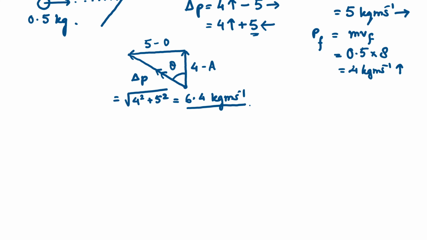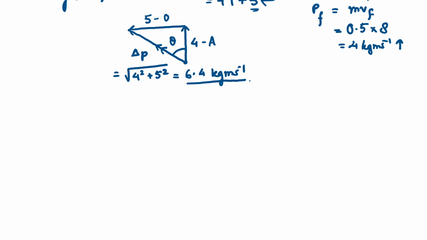So we know the adjacent and the opposite. So we can use our trigonometry function TOA, because TOA has O and A in it. So using TOA, we can say tan of the angle theta equals opposite over adjacent. So that gives us opposite is 5, adjacent is 4.